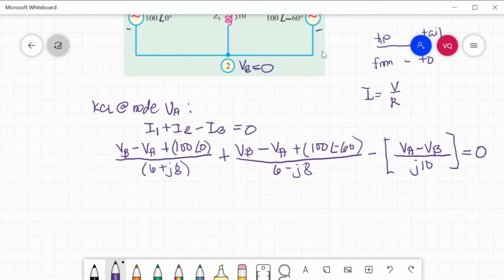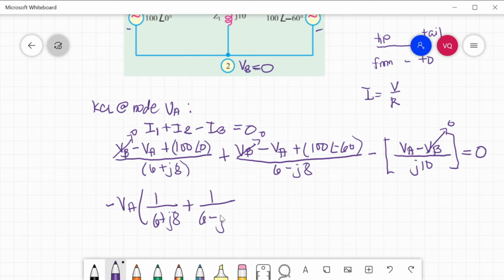Now, we let our VB be 0. So the only remaining variable is our VA. Simplifying this equation, we will have negative VA times the quantity 1 over 6 plus J8, plus 1 over 6 minus J8, plus 1 over J10.